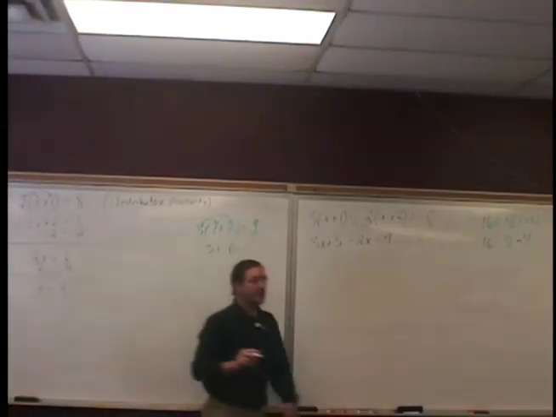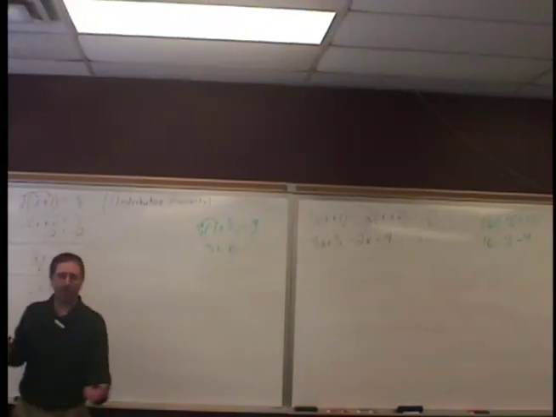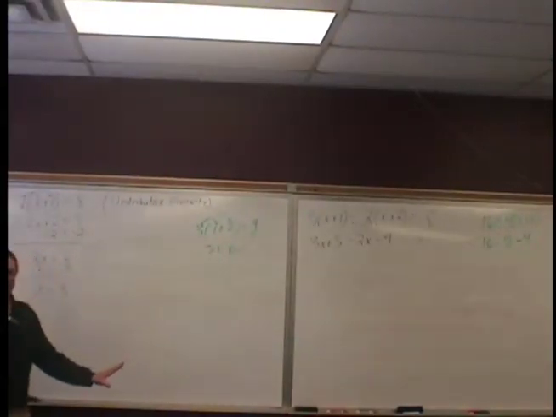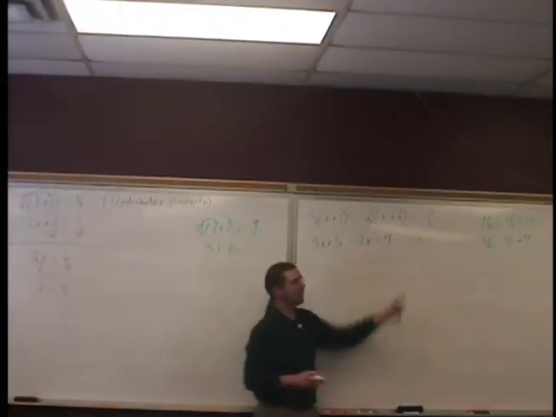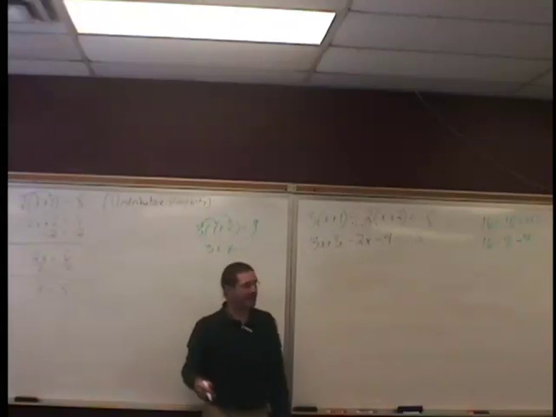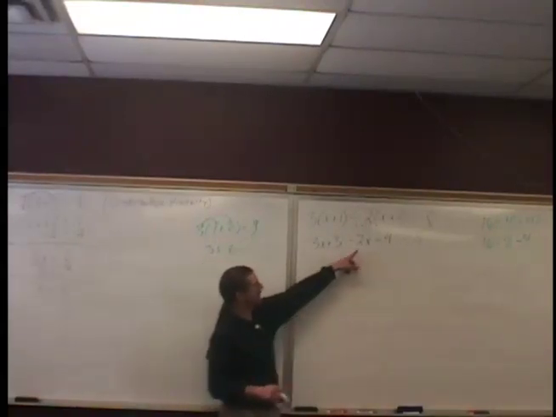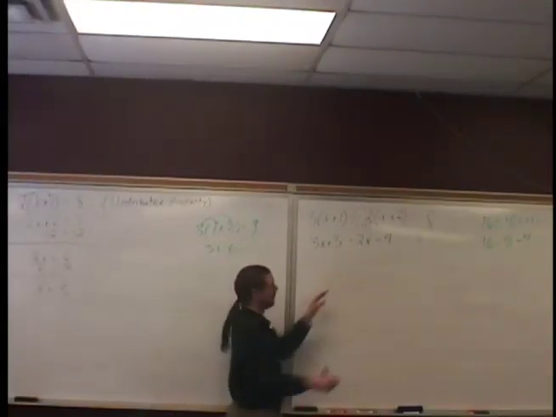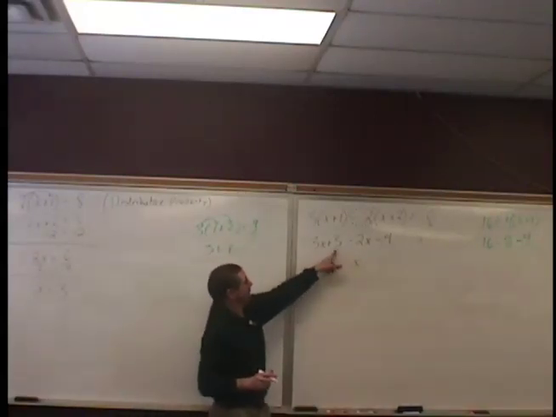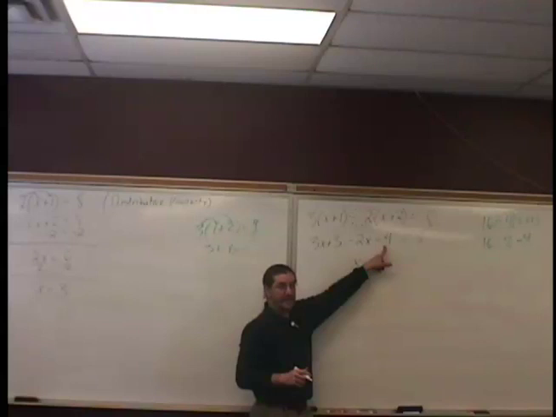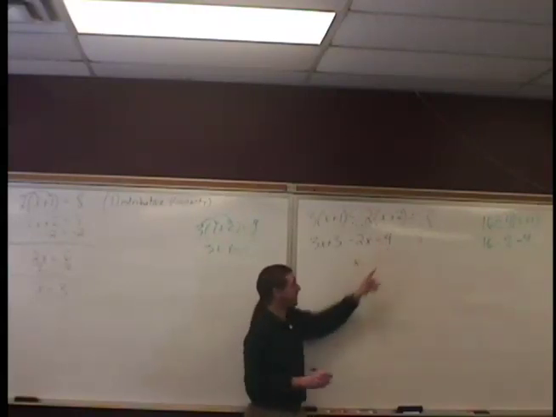So step 1 in any algebra problem is distribute away parentheses, right, when you're solving. Your next step after you distribute, what do I got to do with this stuff? Combine the like terms. I have 3 x's, I knocked 2 of them off. I got 1 x left. 3 minus 4.